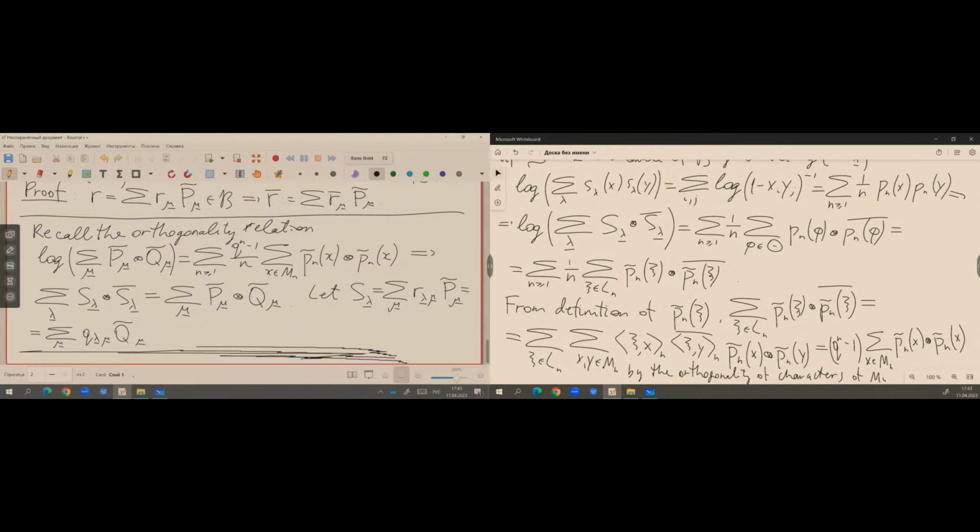Okay. So from this equality we get the sum over lambda of r_{lambda mu} times q conjugate_{lambda nu} is delta_{mu nu}.